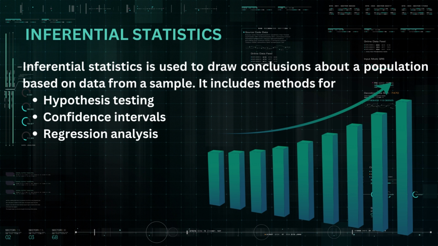Here our test data set is named the sample. Whatever conclusion we draw from that test data set, and the methods we use to draw it, is known as inferential statistics. Here we use hypothesis testing, confidence intervals and regression analysis.